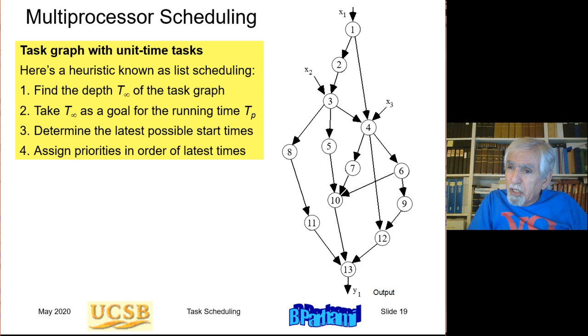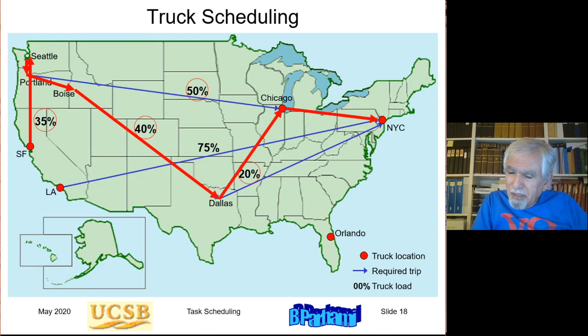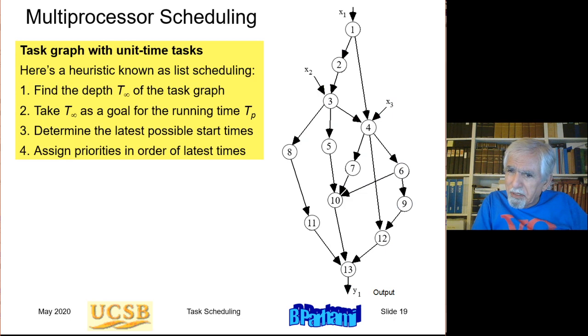So these tasks are unit time tasks. Each of them takes 1 time unit to execute. And then all the processors are identical, and any task can be scheduled on any processor. Okay, similar to that simplified trucking algorithm, we assume all the trucks are the same size, and therefore it doesn't matter which truck is used for a particular shipment.